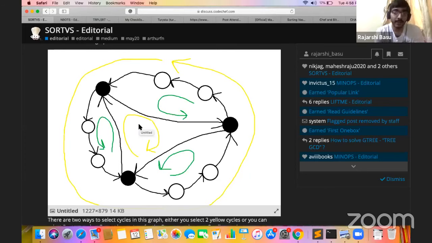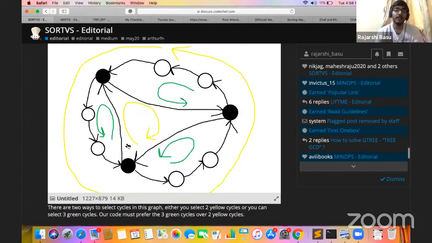Here you can have either 3 cyclic decompositions, like you can decompose them into 3 cycles, which are these green cycles, or you can decompose it into 2 cycles, which is this one yellow one, using these 3 edges, and then this one outer cycle using the rest of the edges, right?